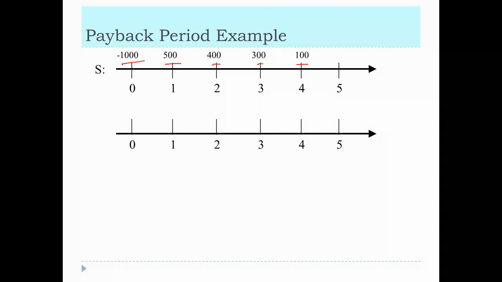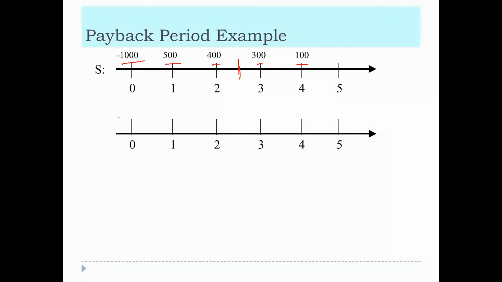It's pretty easy to see that, in this case, with a $1,000 cost, the first two cash flows added together would be $900. That's not enough to cover the initial investment. So somewhere between years 2 and 3, I would expect this project to recover its original cost. But if we want to be more precise about it, we can follow certain steps.